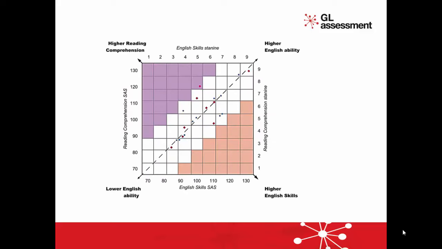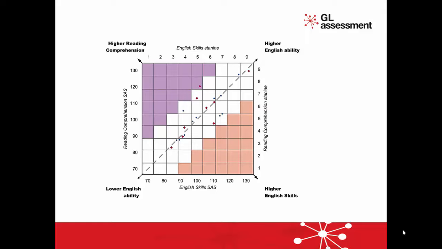Within the group report we're also producing this scatter graph here, which is new to the Progress Test English as opposed to Progress in English. We look here at the 2 separate parts of English ability. One we're calling reading comprehension and the other we're calling English skills.